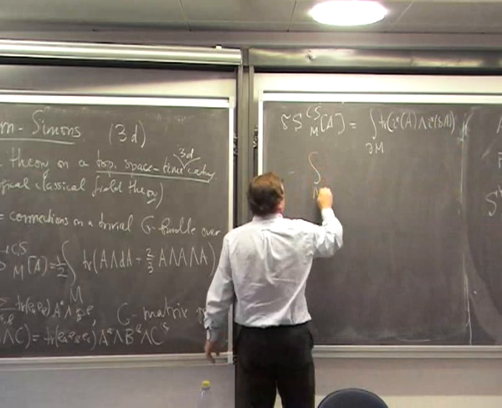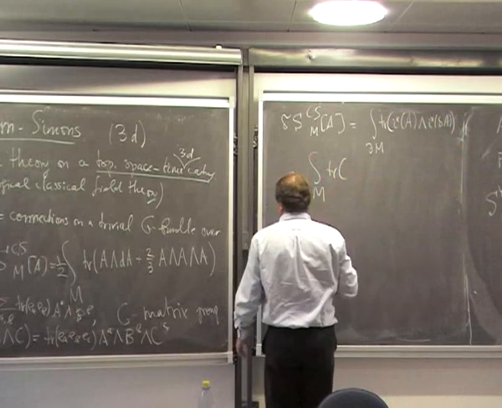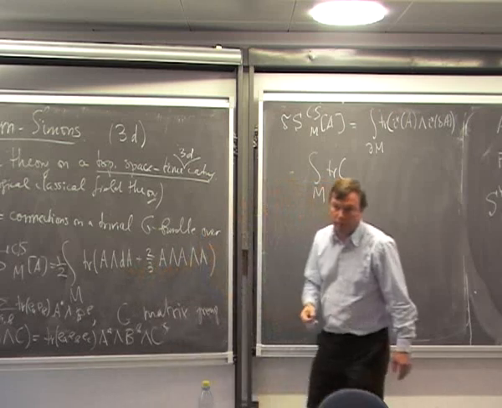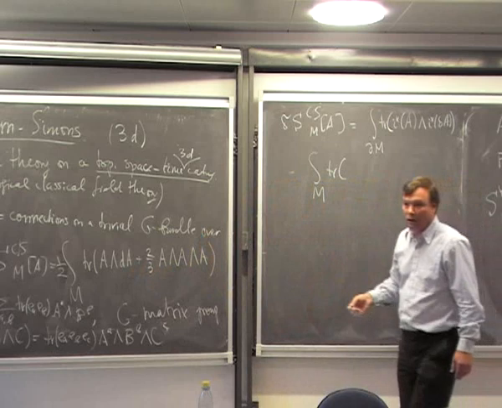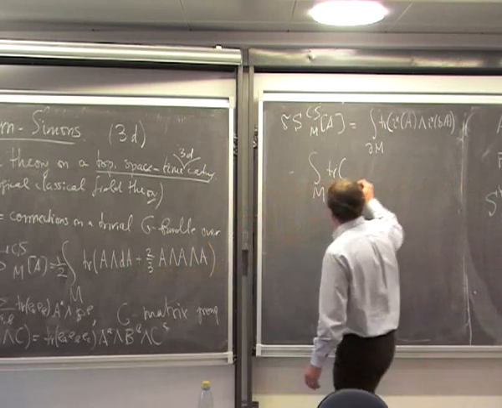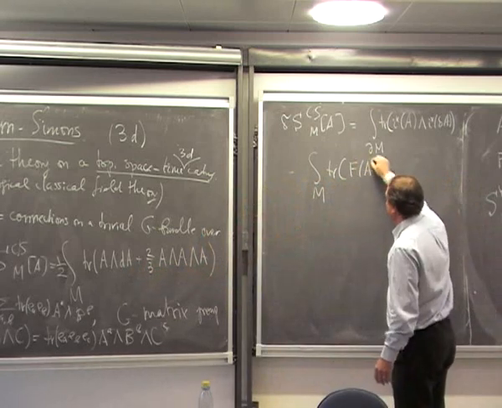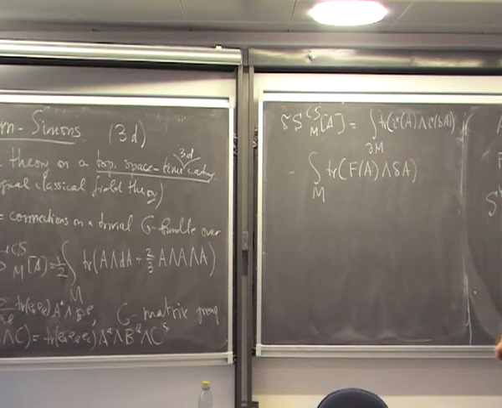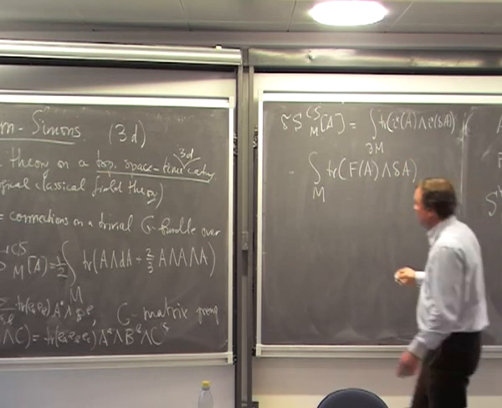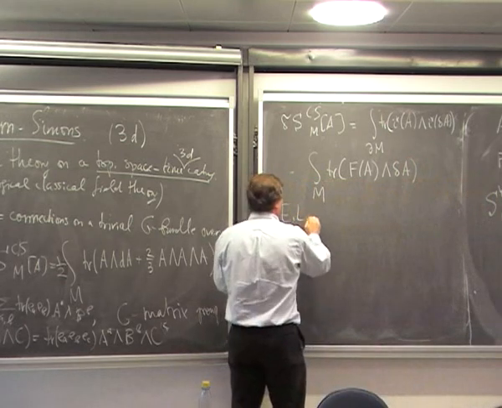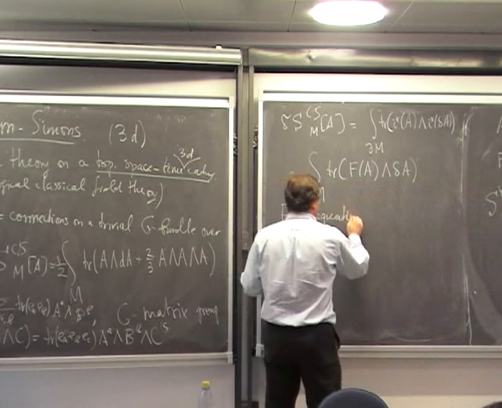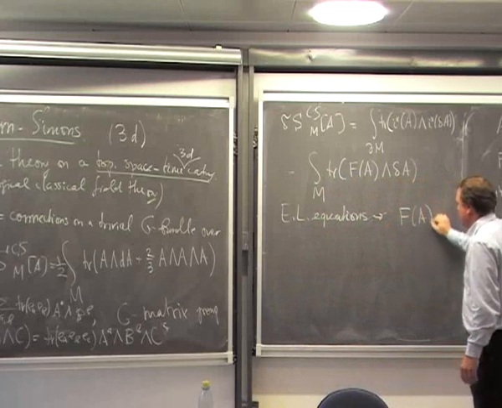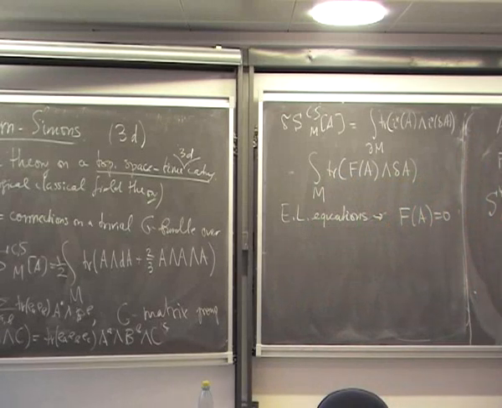minus the integral over M, trace. And then it's a simple exercise, which I think you probably did in the class, to see that the bulk term of the variation is simply given by this formula. And now you can see that the Euler-Lagrange equations say the curvature F of A is 0.